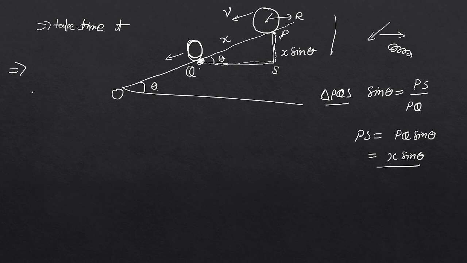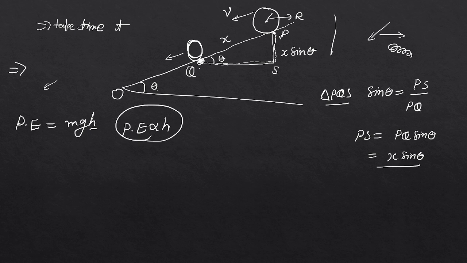For that we have to understand that whenever a body travels down from a particular height, its potential energy is decreasing, because potential energy equals mgh, where h is the height. Potential energy is directly proportional to height.